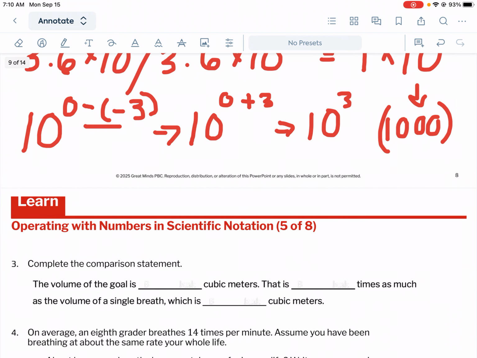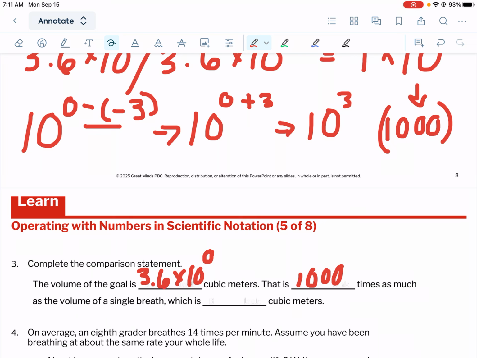You'll put that in that first blank. 3.6 times 10 to 0 cubic meters. That is, and you don't have to write the whole scientific notation here. You can just put 1,000 if you want to, because that's what I'm going to do. But if you want to be consistent and just put 1 times 10 to the 3rd, that's fine.